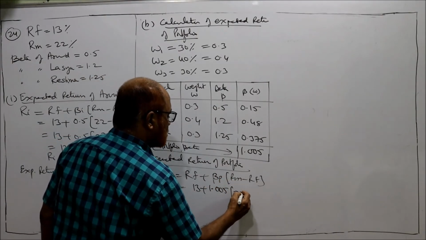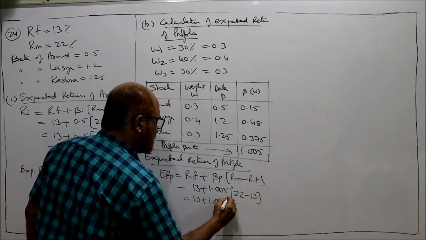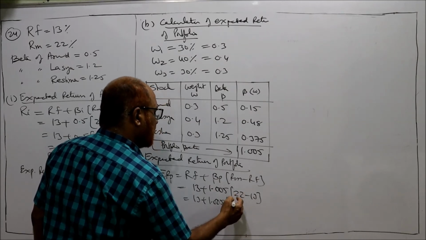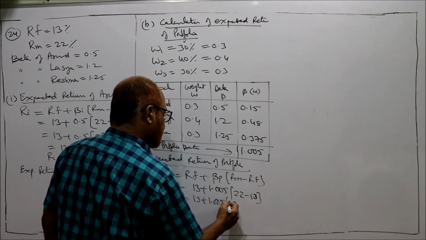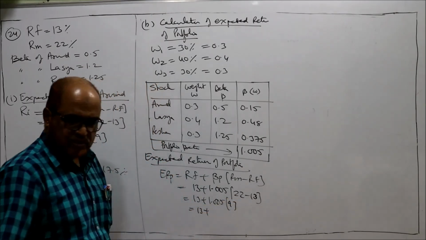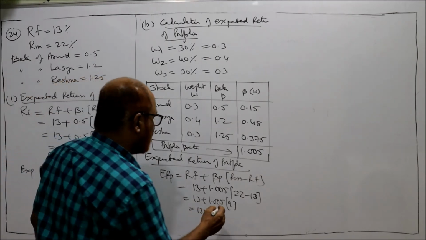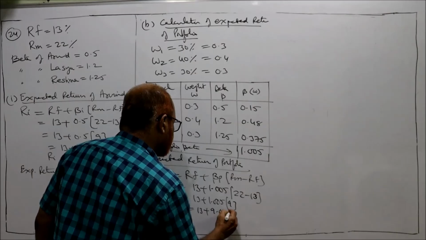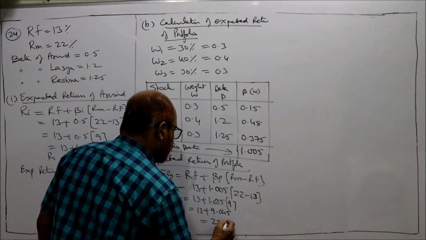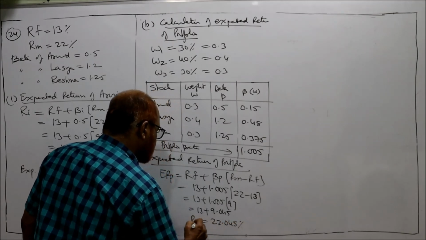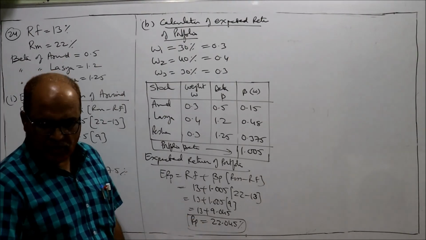Market return 22 minus 13. 13 plus 1.005 into 9. 1.005 into 9 is 9.045. That is equal to 22.045. This is the expected return of the portfolio.